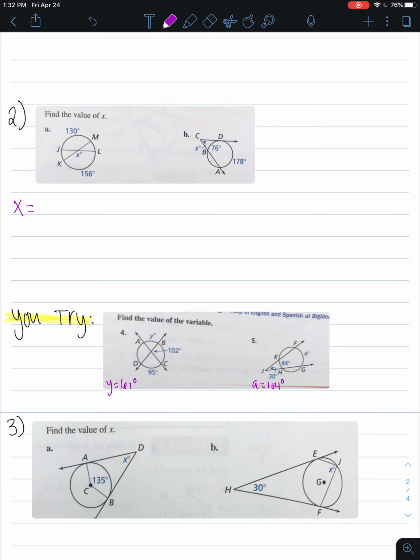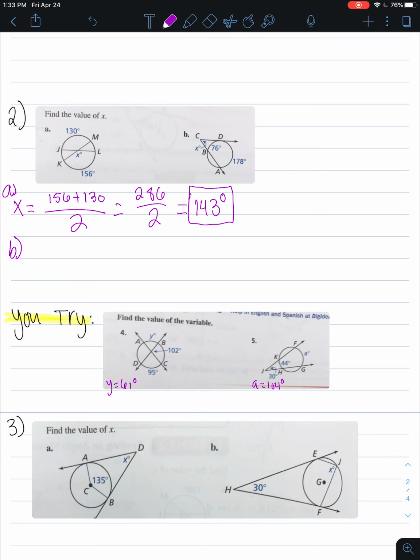So x is going to be equal to 156 plus 130 divided by 2. 156 plus 130 is 286, and 286 divided by 2 gives us 143 degrees. So that was for A. That means angle X is 143 degrees.